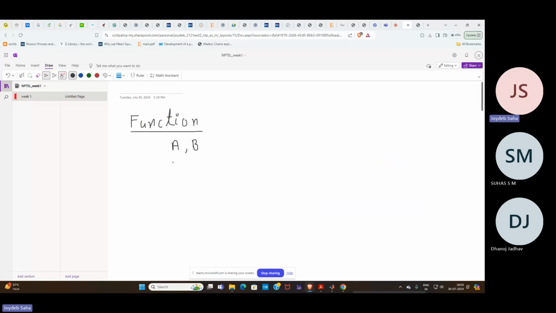So let us say, in general, that there are two sets A and B, and x is an element which belongs to A, and y is another element which belongs to B. And now we consider that f of x is equal to y.